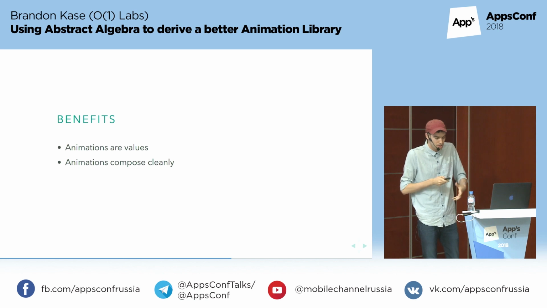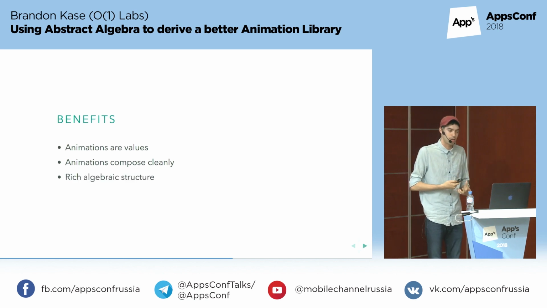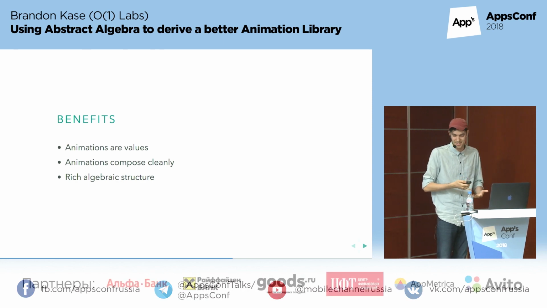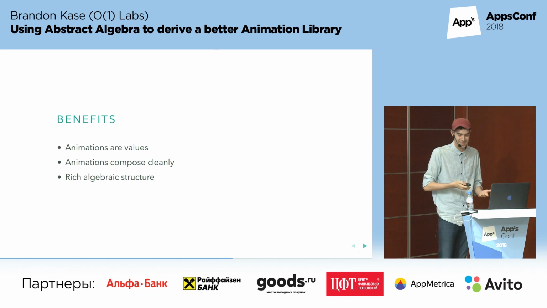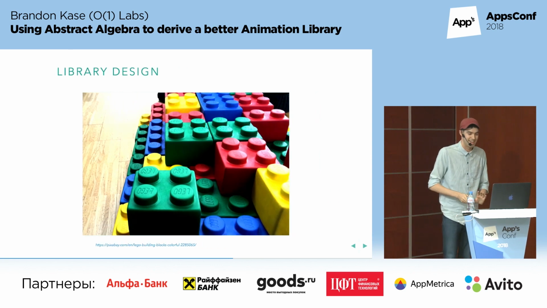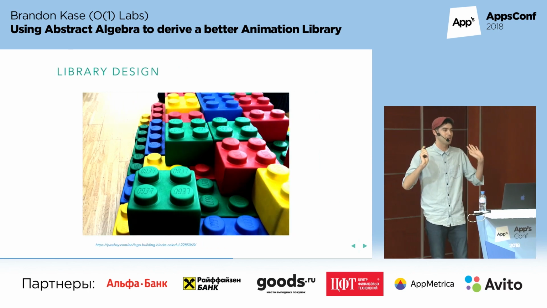And there's this really rich algebraic structure underneath this, and that I think helps its power. It's kind of hard to explain, but I'm going to go on a little aside here and just talk about library design in general.